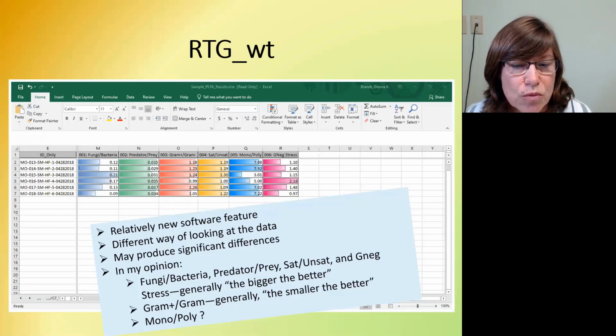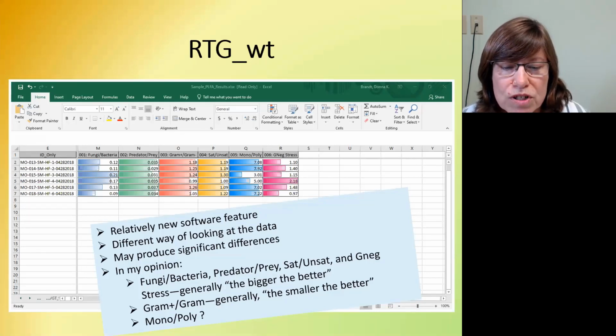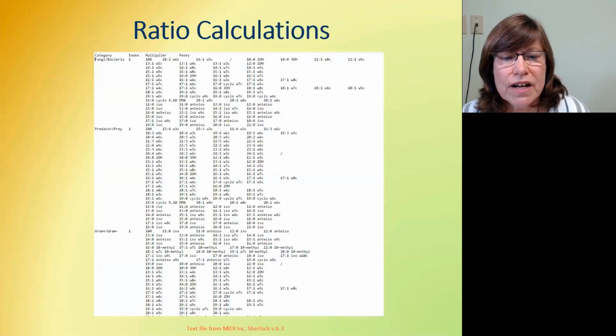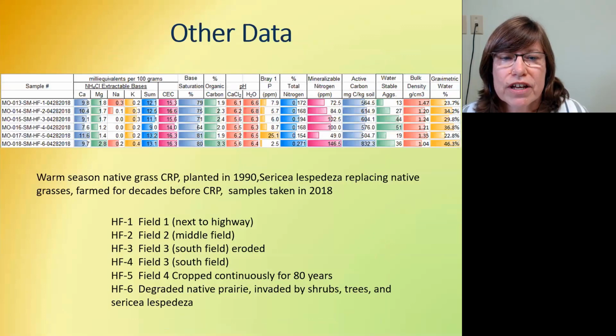If you look at it as a ratio, you may be able to find significant differences. Most of these, fungi to bacteria, predator to prey, saturated to unsaturated, the bigger the better. I generally consider the gram positive to gram negative ratio to be, the smaller the number, the better. And again, we show how all the ratios are calculated.